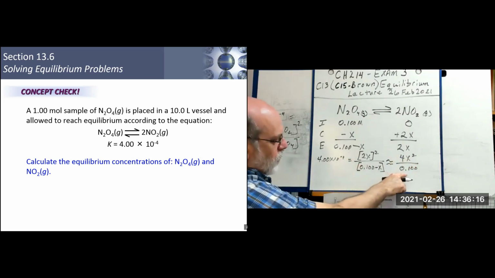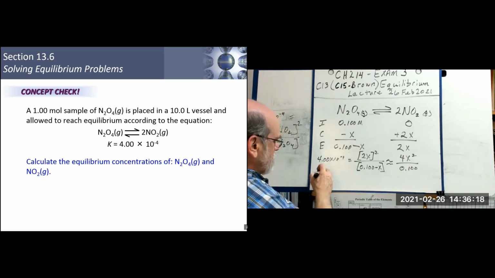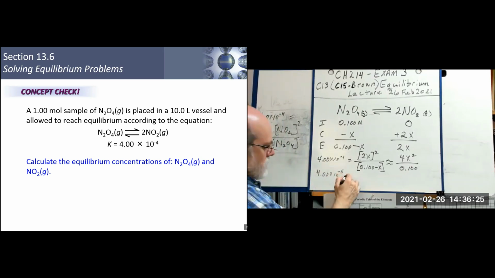So 0.1 times this is 4.00 times 10 to the minus fifth equals 4x squared. So take that 4 and put it over here. Now that equals 1 times 10 to the minus 5 is equal to x squared.